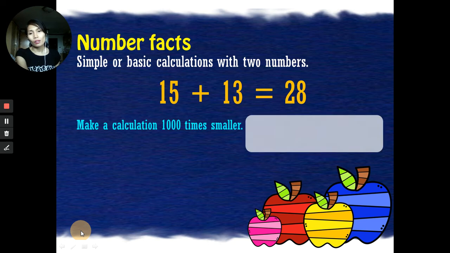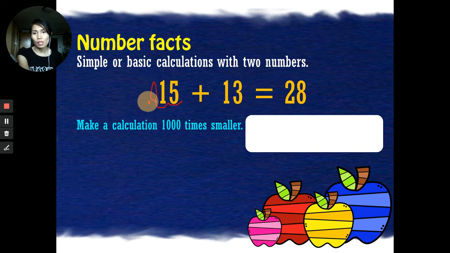Now let's make the calculation 1,000 times smaller. When we say 1,000 times smaller, there should be 3 digits after the decimal point. Since we only have 2 digits here, we have to add one more 0, and then the decimal point.